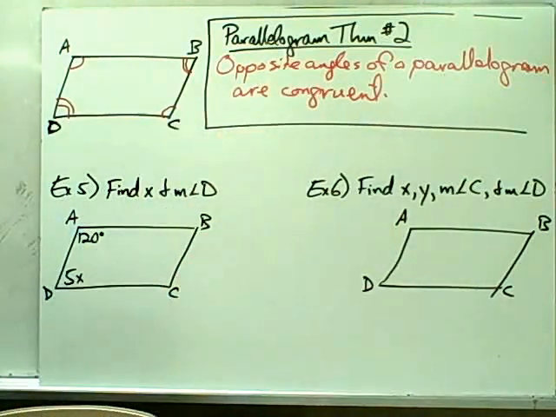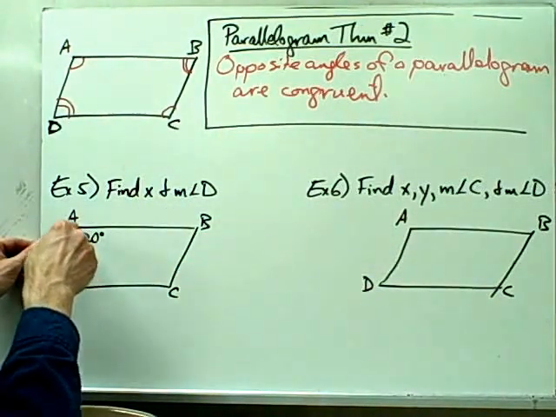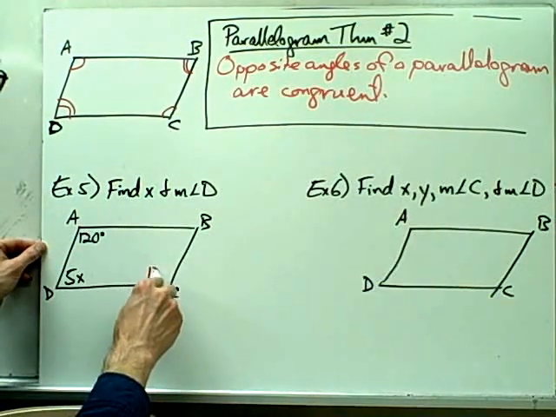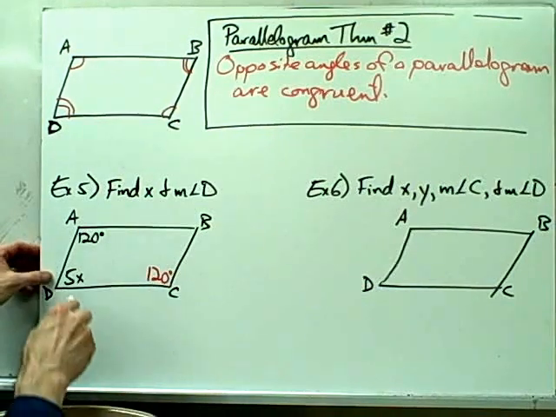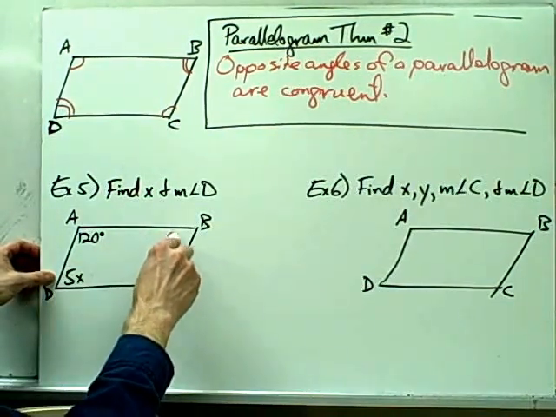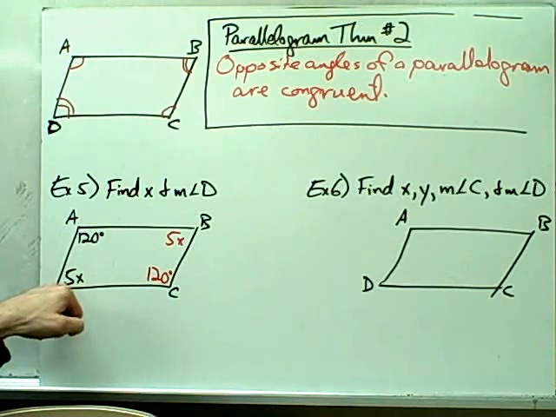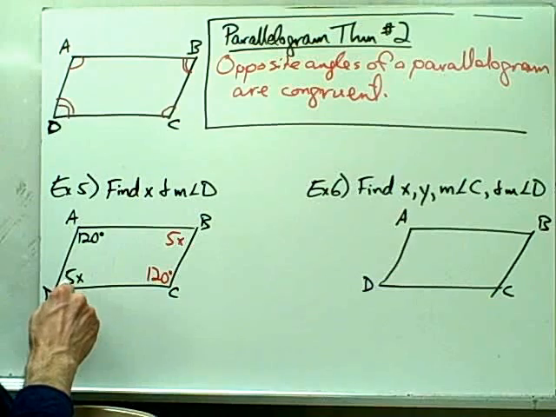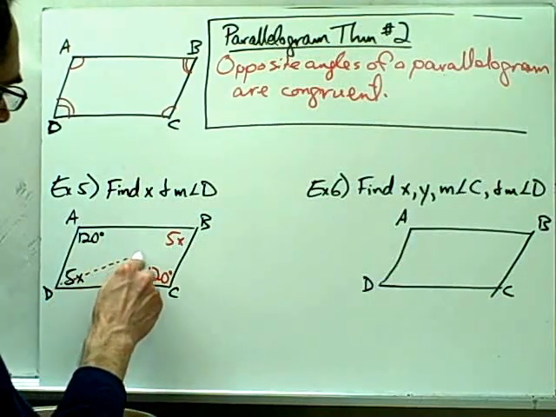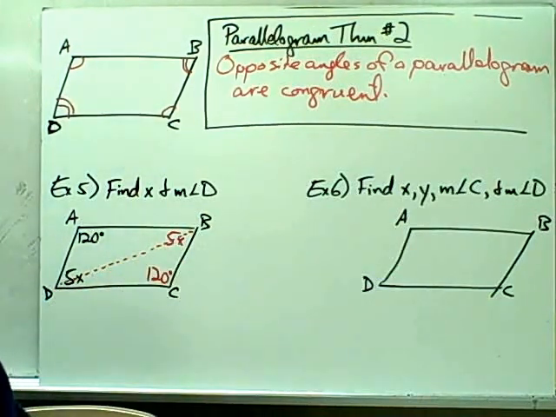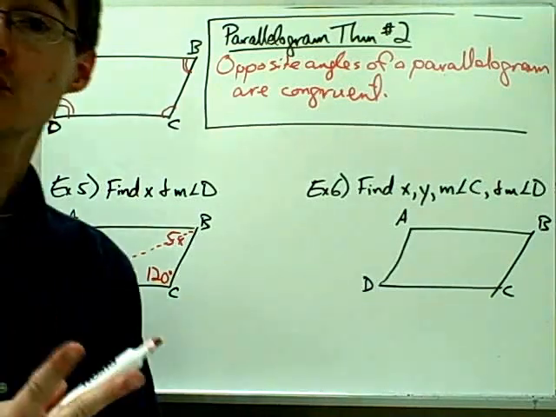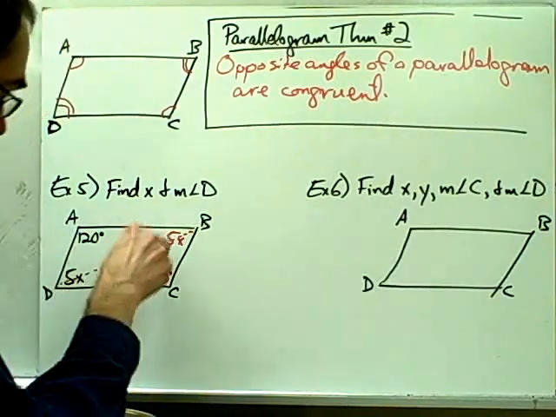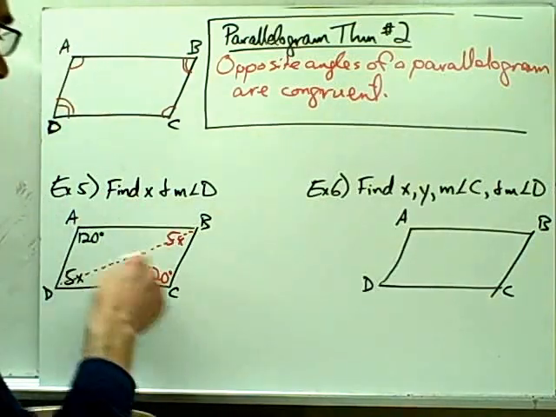Well, since I know opposite angles of a parallelogram are congruent, angle A and angle C are opposite. Since angle A is 120, angle C must be 120. And angle B and D are congruent, therefore angle B must be the same measure as angle D, which is 5x. Now I'm going to use something that I learned about the sum of all of the interior angles of a quadrilateral, which is that since it makes up 2 triangles, the sum of all of the interior angles of this quadrilateral, a parallelogram, must be 360.